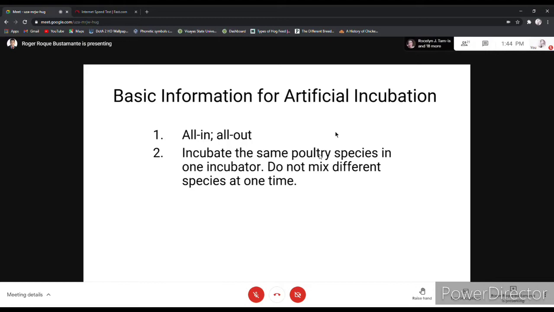So do not incubate eggs of different poultry species together. You have to incubate the same species in one incubator, because if you mix them, your eggs will have different requirements.